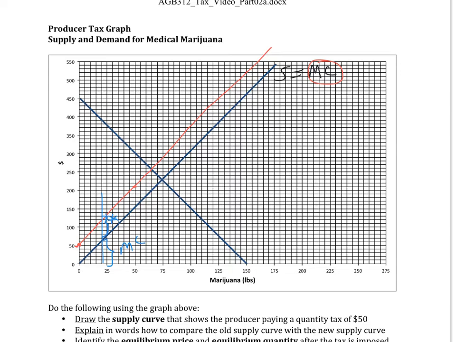So in a way, we've got the supply curve, and then we're tacking on an extra fee of $50 per unit. Okay, so that's showing the supply curve.